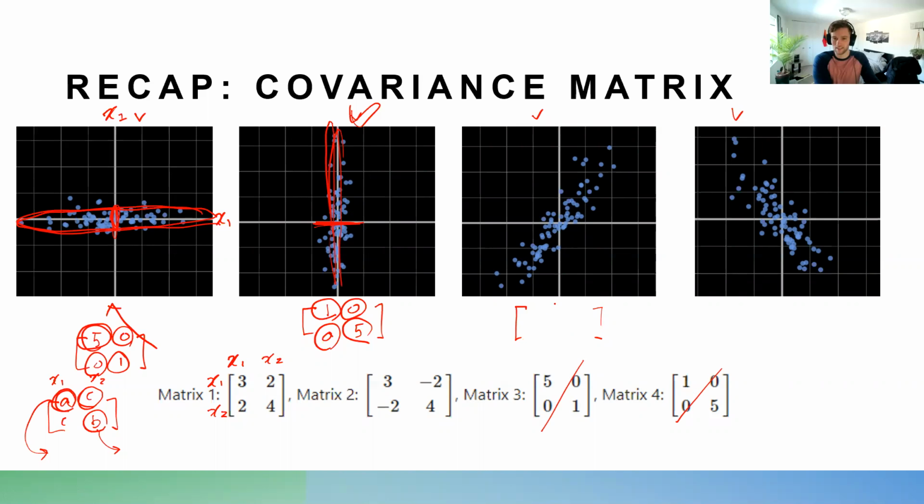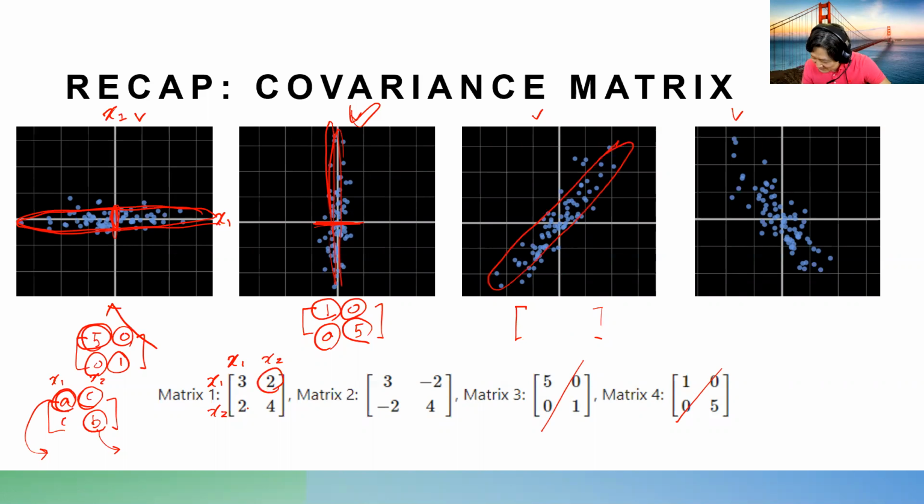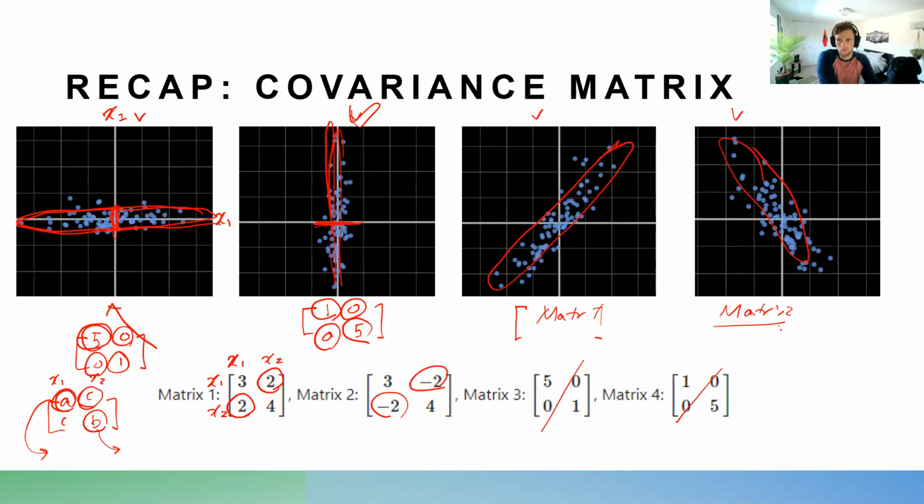It's positive. We can see some positive relationship, right? So if you look at this, the covariance is positive. But if you look at this, the covariance is negative. So this is matrix 1 and matrix 2, right? Okay. So all clear?